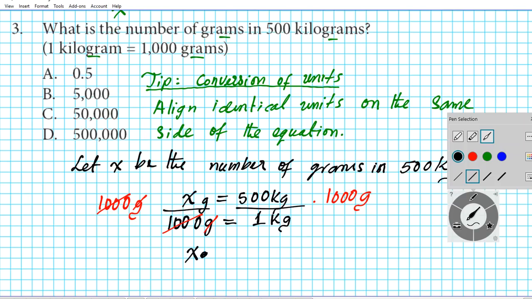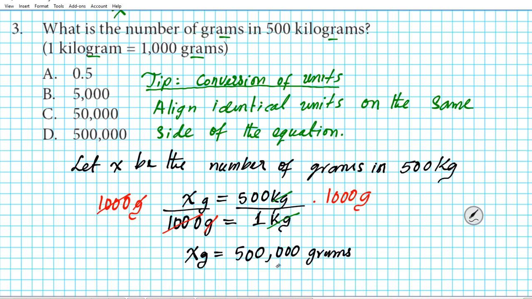X grams is equal to, if you simplify this, you can cancel out the kilograms. 500 times 1,000 is 500,000 grams.